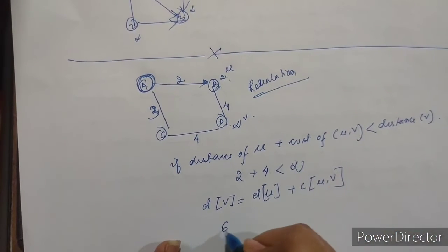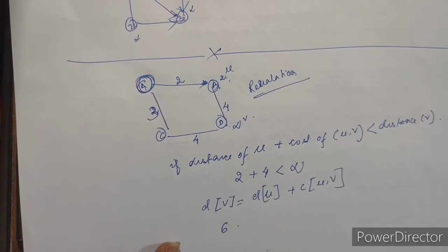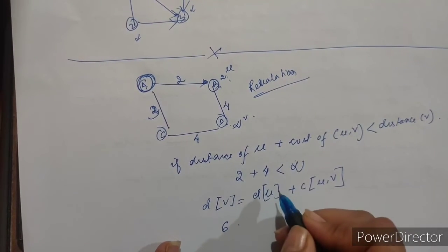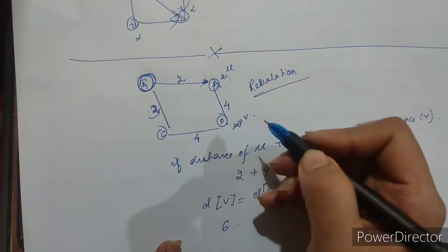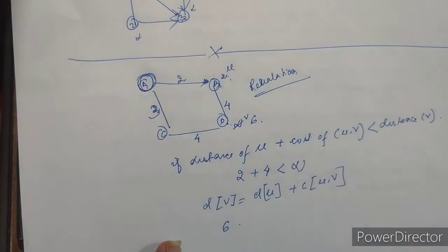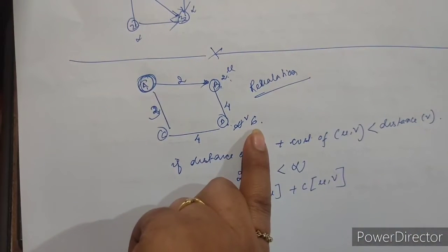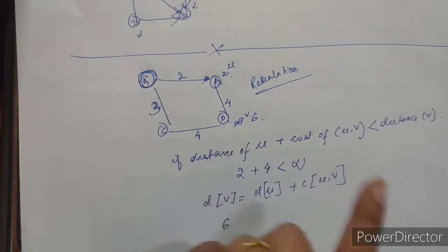Distance of U is 2, cost of UV is 4, and distance of V is infinity. So d of V equals 2 plus 4, which is 6. This infinity will change to 6. This is called relaxation, and we have to do relaxation for each vertex.